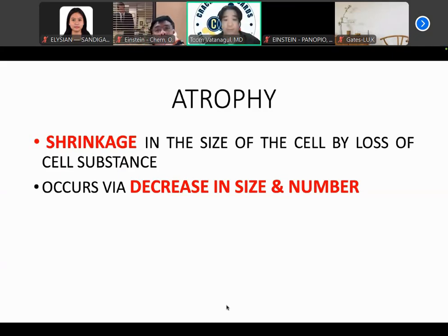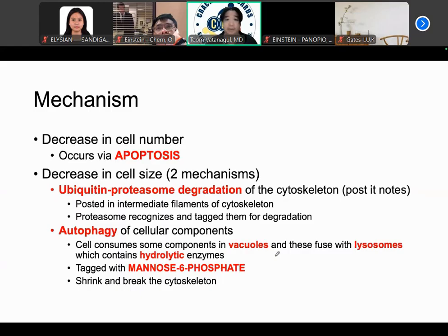So please remember this. Now, the mechanism of atrophy, basically, please take note, is associated with apoptosis, and this is a decrease in the cell number.